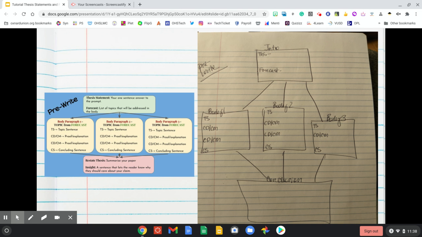So when you get a prompt, whether it's timed or whether it's not, it's really important to create this pre-write structure so you have a sense of, one, where you want to put your information, and two, as a way to make sure that all of it is connected. So you're always going back to that main thesis statement and making sure that everything is being answered and supported.